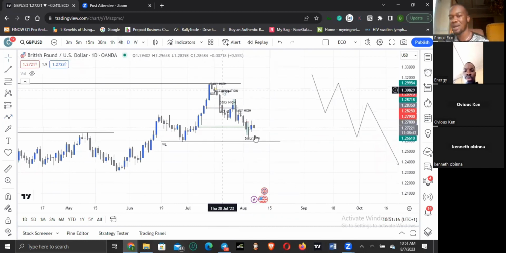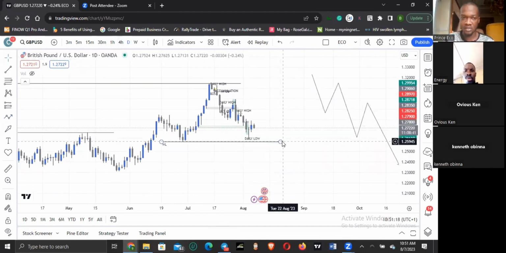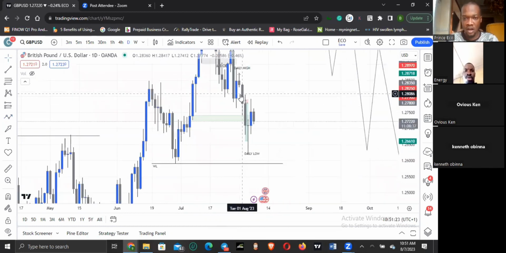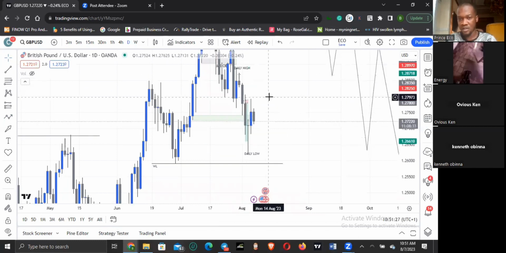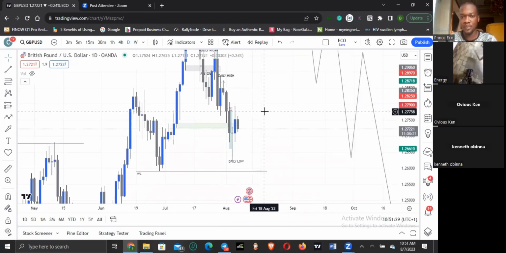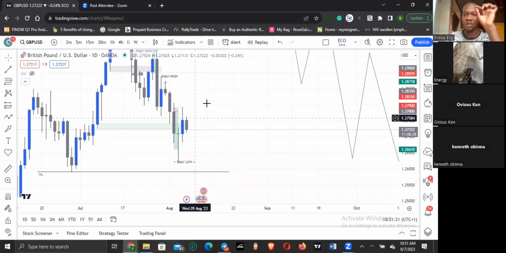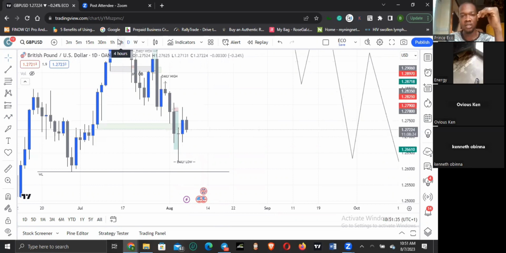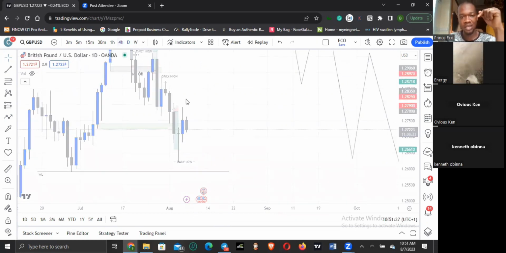Personally, I want to see the market rally up a little bit. The reason is that for the whole of last week, 1, 2, 3, 4, 5, the market has been bearish. So I expect liquidity to be taken from the upside first before it goes down, before it sweeps out the downside liquidity.